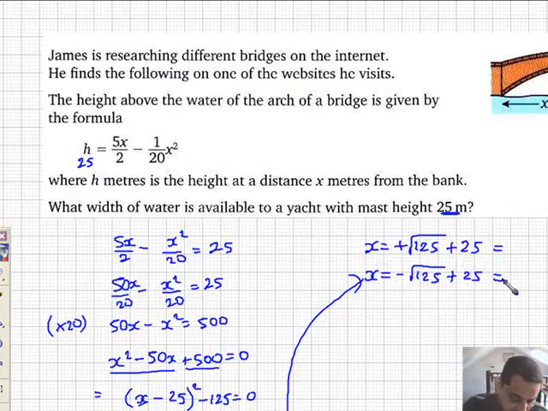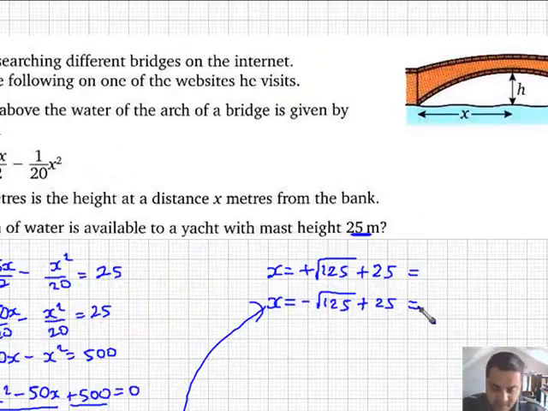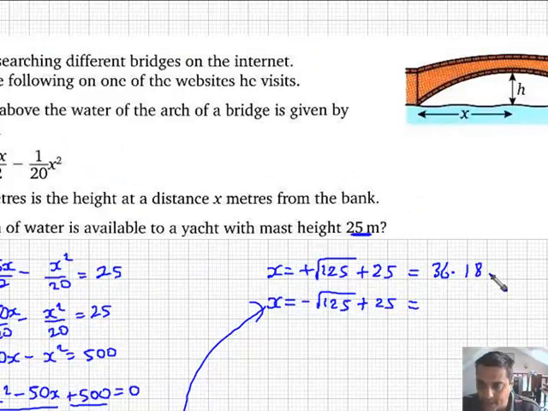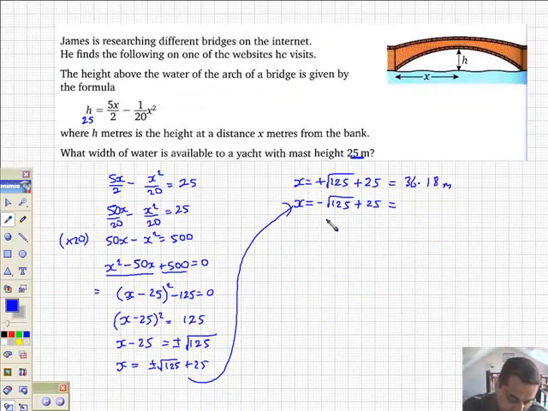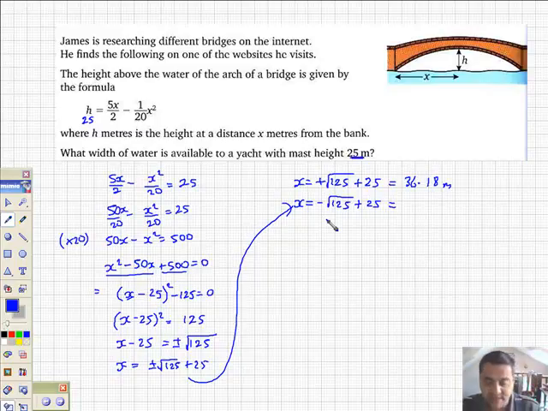So the square root of 125 equals 11.18, plus 25 gives me 36.18 meters away from the bank. Now what about if I've got a negative root? Well, I've got square root of 125 equals still 11.18. Just put a minus in front of it. So it's minus 11.18.